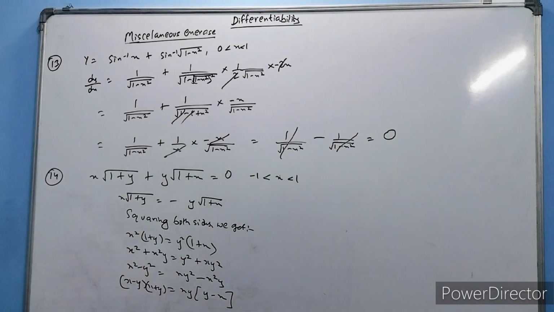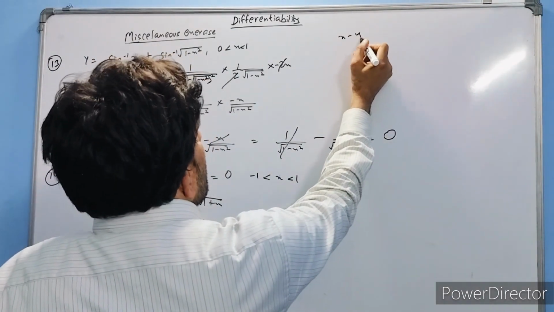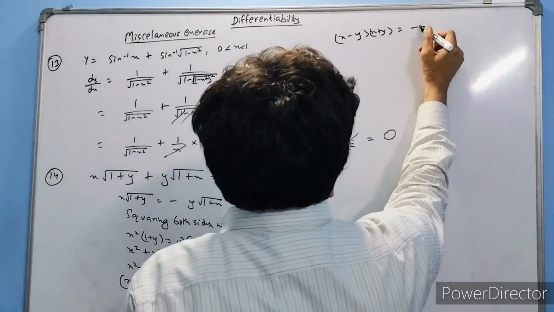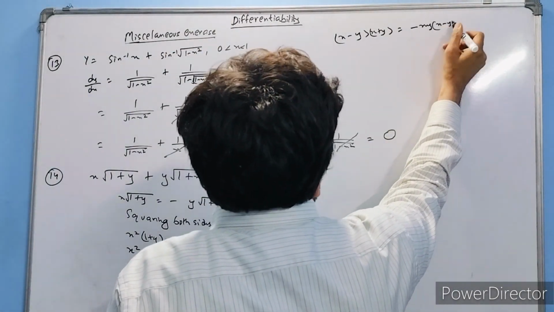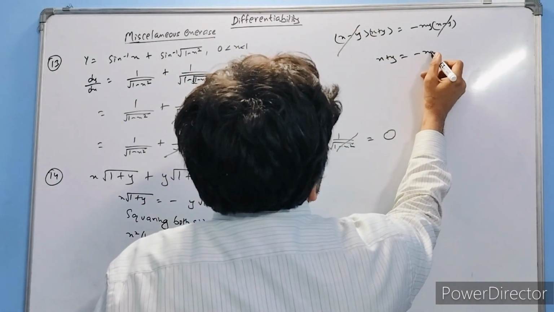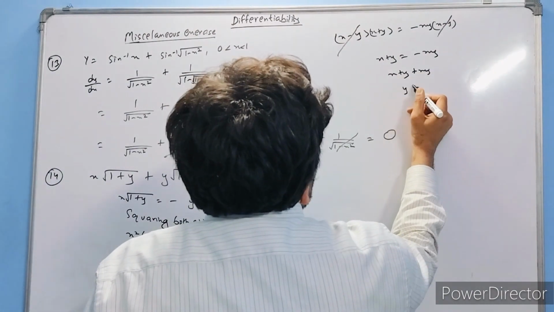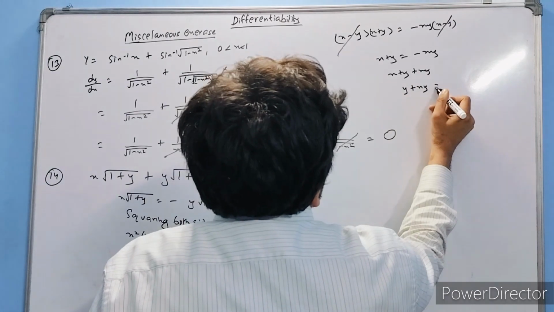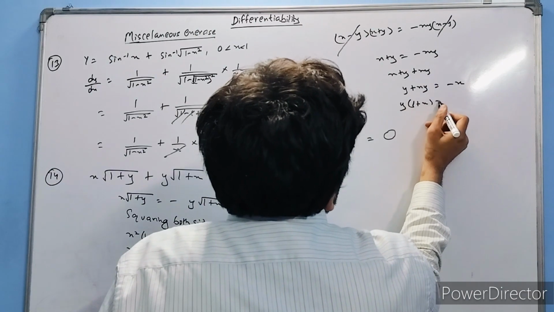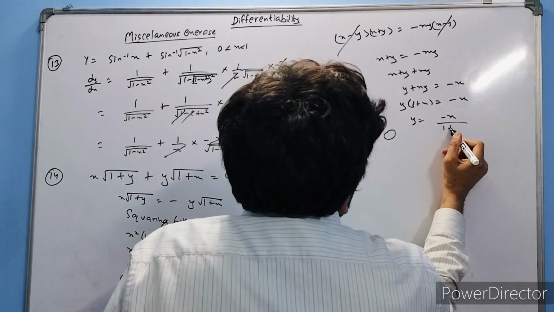Now we can write this as x minus y, x plus y, taking the minus sign common, so we have x minus y. It reduces to x plus y is equal to minus xy. So x plus y plus xy, so y plus xy is equal to minus x. Taking y common, y into 1 plus x is equal to minus x. So y is equal to minus x upon 1 plus x.